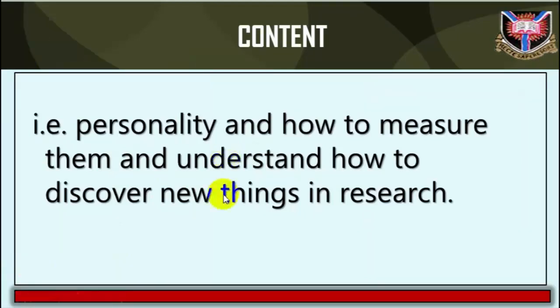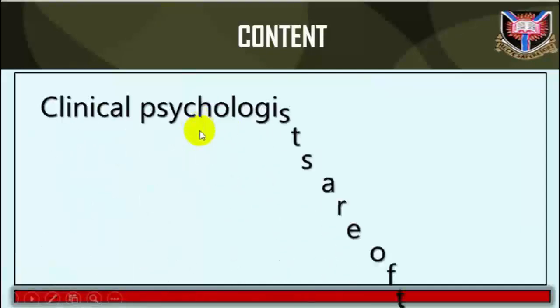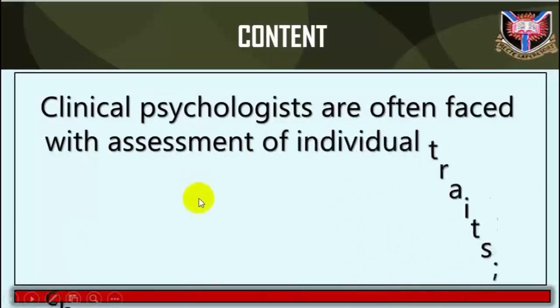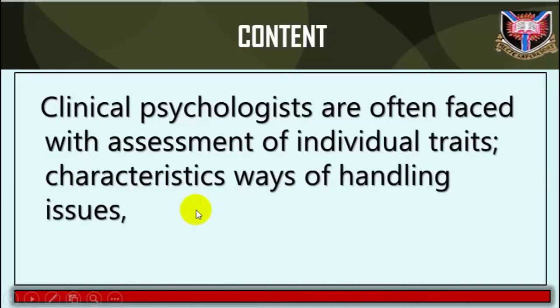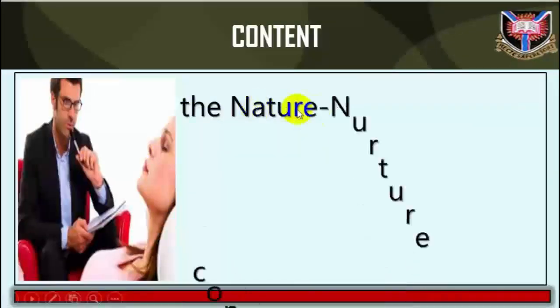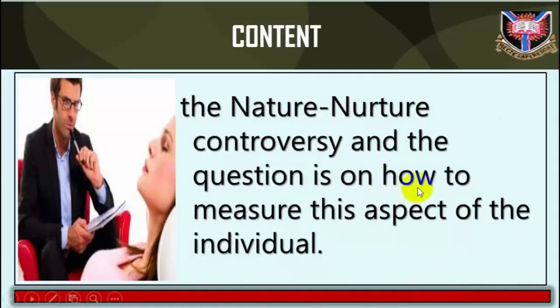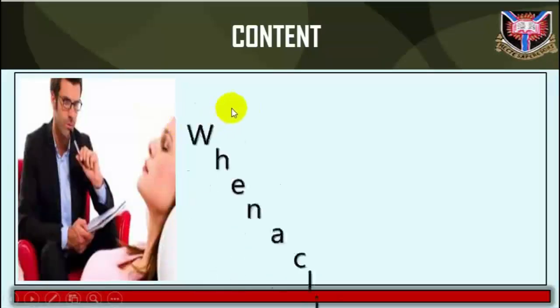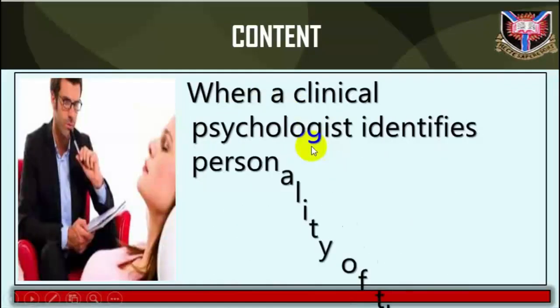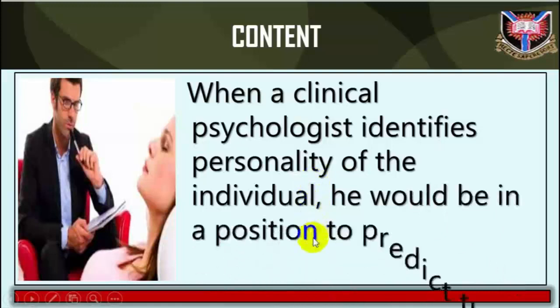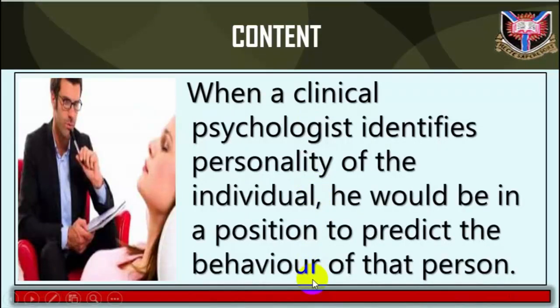Clinical psychologists are often faced with assessment of individual traits, characteristics, ways of handling issues, nature-nurture controversy, and the question is on how to measure this aspect of the individual. When a clinical psychologist identifies personality of the individual, he will be in a position to predict the behavior of that person.